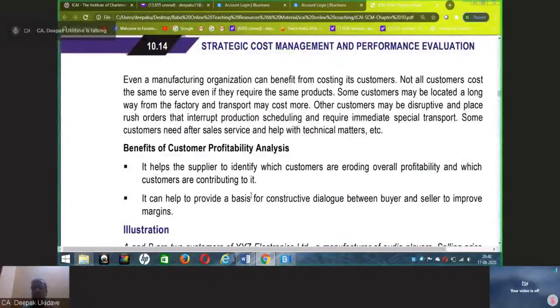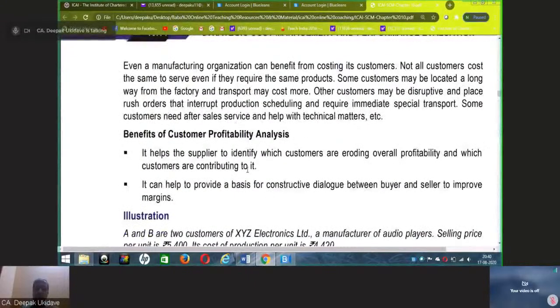Some advantages are given. It helps the supplier to identify which customers are eroding overall profitability. My goodness, this is a very harsh word, but that's a fact. Some customers don't add any value. In fact, they erode the value. And we learned in our EVA calculation, at least if we can't contribute to value generation, we shouldn't erode the value.